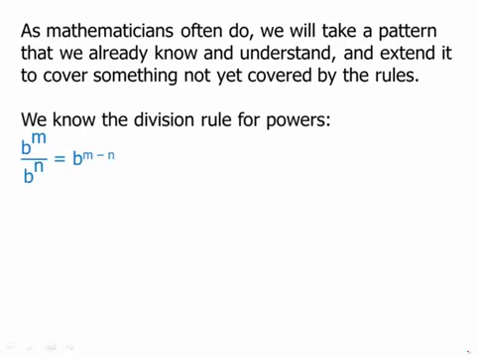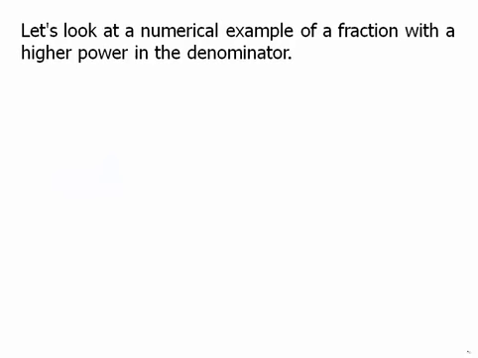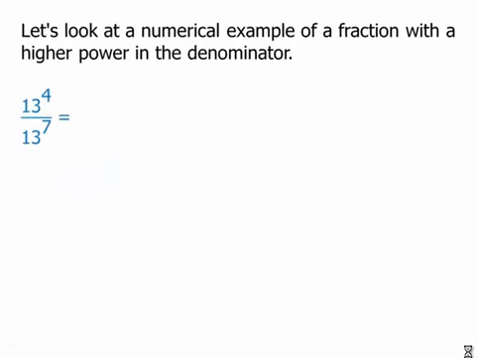This is something that happens in mathematics over and over again. In this particular case, we know the division rule for powers. That's something we've talked about in the previous video. We know that if we made the denominator exponent bigger and the numerator exponent smaller, then we would get a negative result for the subtraction, and that would give us a negative exponent. Let's look at a numerical example with a higher power in the denominator.